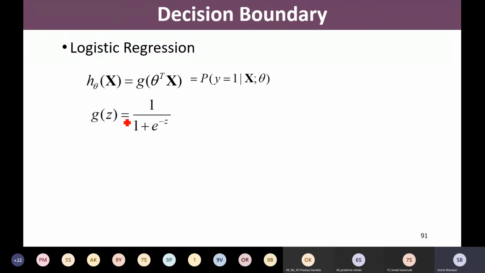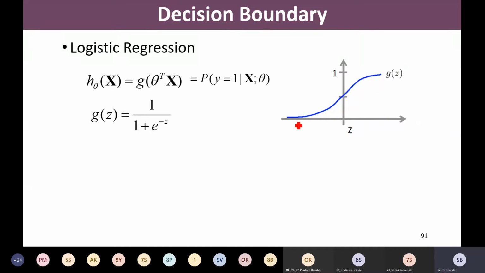And we have also mentioned that our logistic regression hypothesis function is of the form g of z, which is represented as 1 divided by 1 plus e to the power minus z. This function is known as the logistic function or the sigmoid function. And we have seen how this function looks. If we plot g of z against z, we get a plot like this.